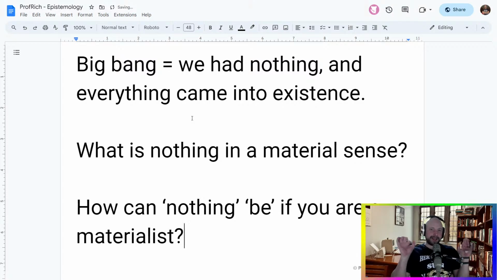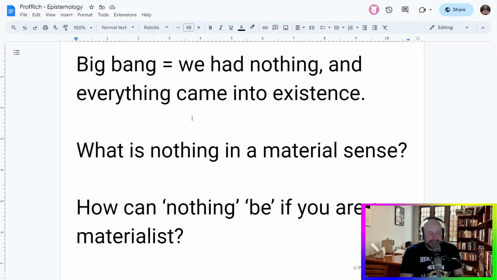How can nothing be if you are a materialist? How can it be? And if nothing cannot be, then how can there ever be a state of nothing?